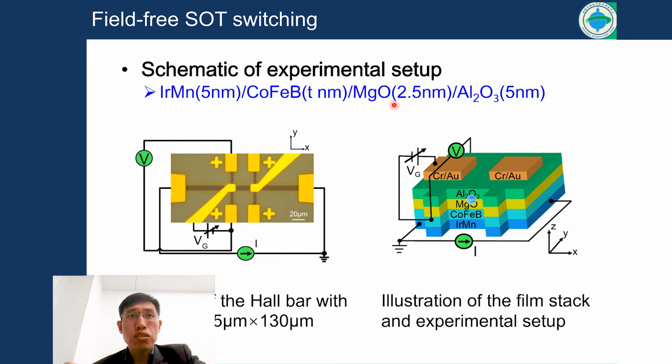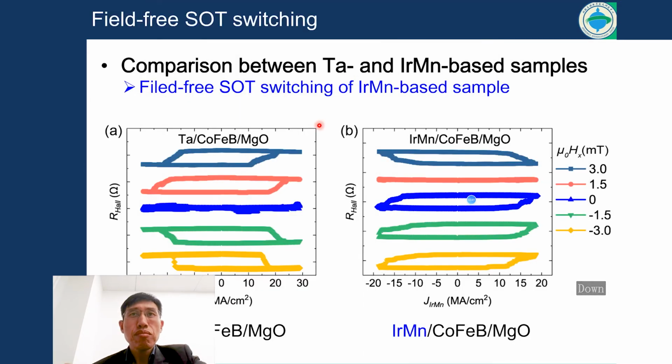This is our structure. In order to compare with the conventional SOT structure, tantalum cobalt iron boron MgO, with the AFM SOT channel, we can realize field-free switching. So this is a clear, evident experiment to show the field-free switching with this structure, and this is the interfacial PMA structure.